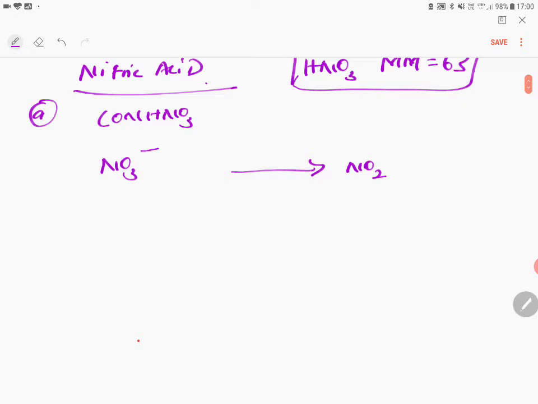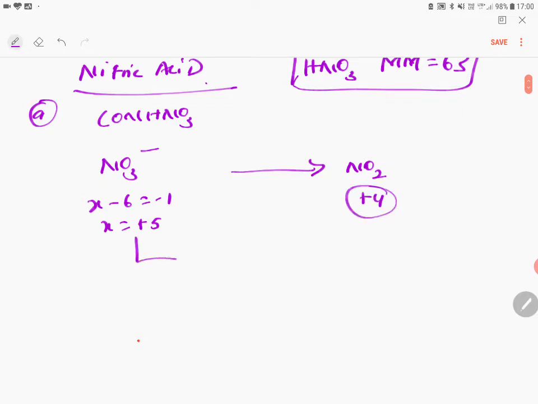Therefore, the oxidation state of nitrogen in nitrate ion is +5. Here also it is +4, you know very easily.